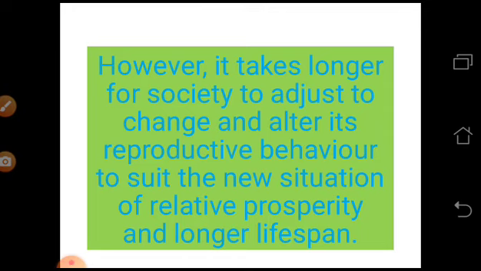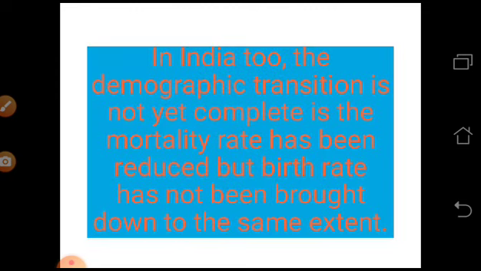Unless people are aware, it will be difficult, and that is why in the transitional stage there is a population explosion. In India too, the demographic transition is not yet complete. The mortality rate has been reduced through advanced medical facilities, but the birth rate has not been brought down to the same extent.